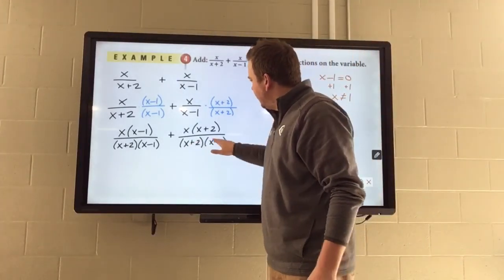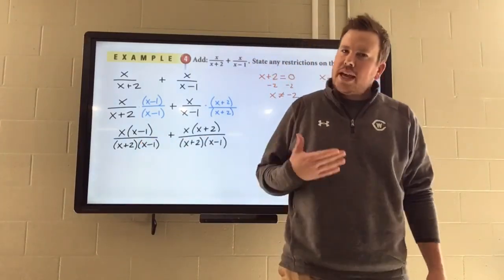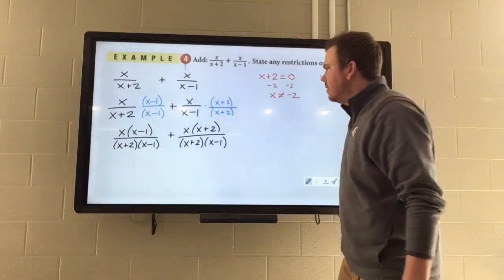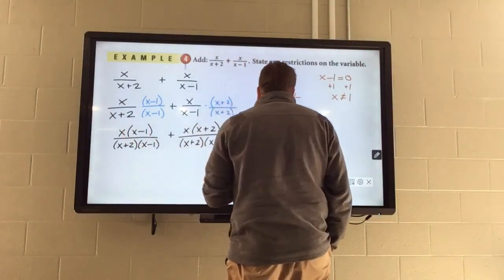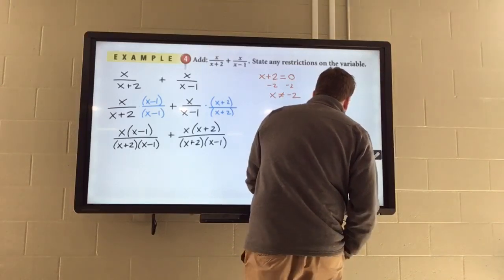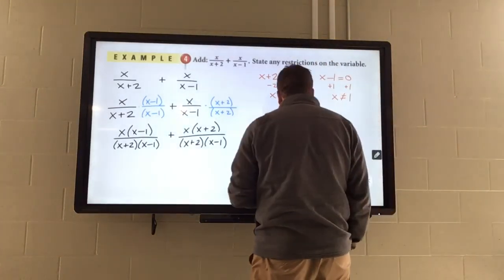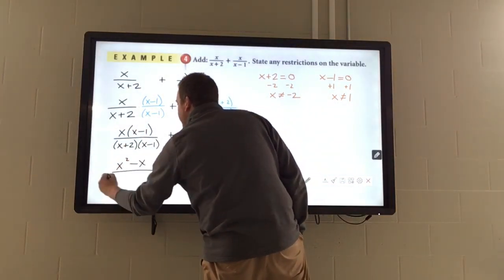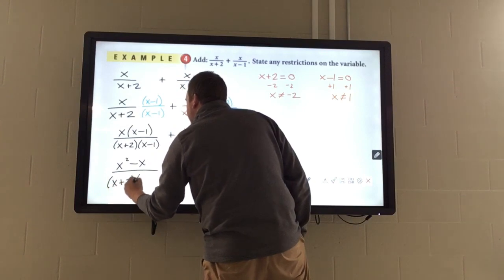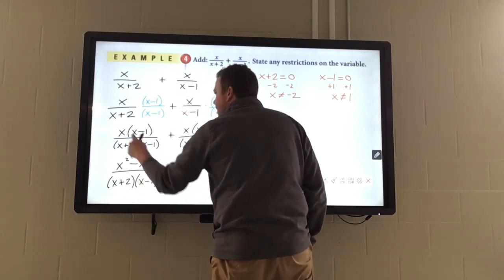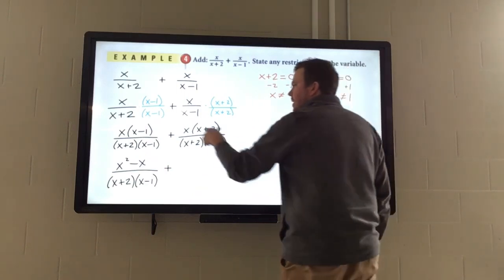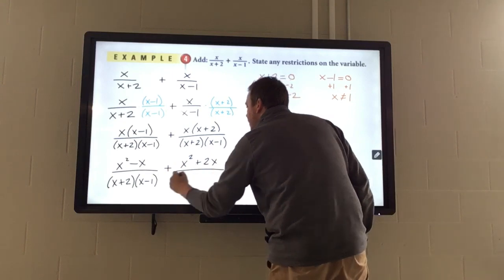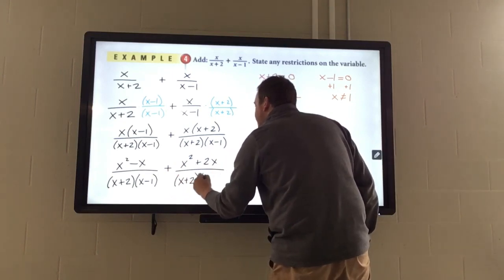I'm going to leave the denominator as is. You can FOIL that out and write your answer as a quadratic trinomial. I'm just going to leave it factored though. But in the numerator, I'm going to go ahead and distribute. That x. So that's going to turn into x squared minus x over x plus 2 times x minus 1. So I just distributed the x to both terms. Same thing here, distribute the x to both terms. x squared plus 2x over x plus 2 times x minus 1.